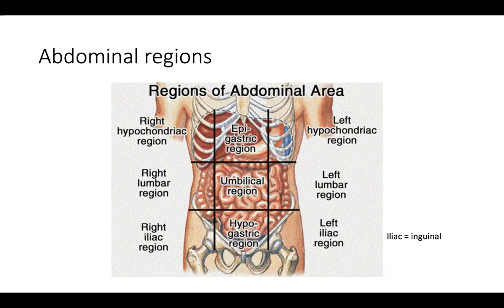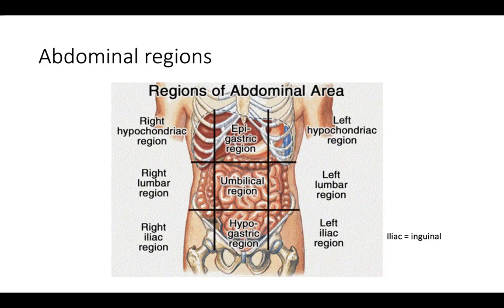Iliac is the groin area, or kind of the hip area. In your lab manual, it is also called the inguinal. So inguinal refers to groin. You want to know iliac and inguinal for this, and those are both listed in your lab manual. That's another annoying synonym that you need to know.